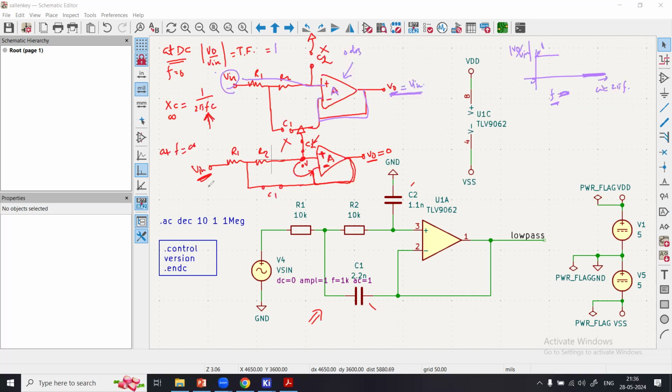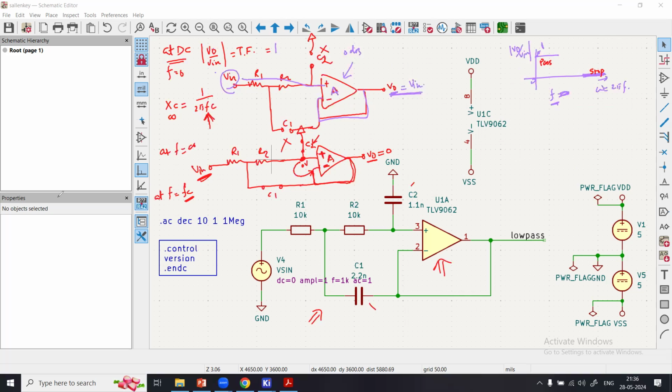But at a frequency, let's say f equal to fc, where fc is the cutoff frequency of this filter, the filter response is divided between the pass band and the stop band. Here is the pass band of the filter, and this is the stop band.